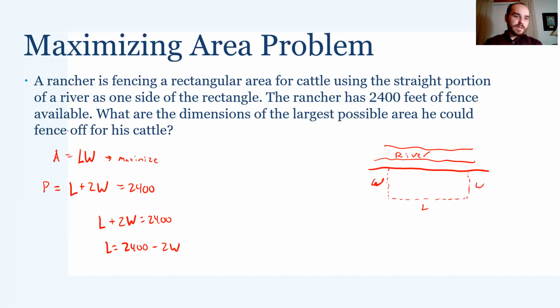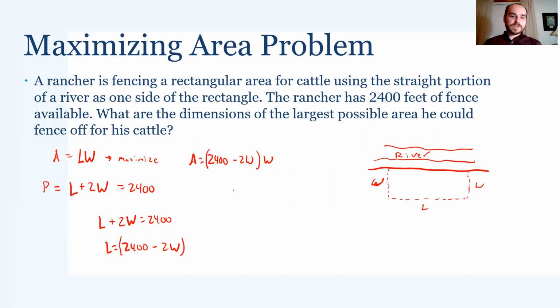Okay, then we can go up here where we have an area formula, which is length times width, and we can sub in this whole thing for our L. So we'll have A equals 2,400 minus 2w, times w.